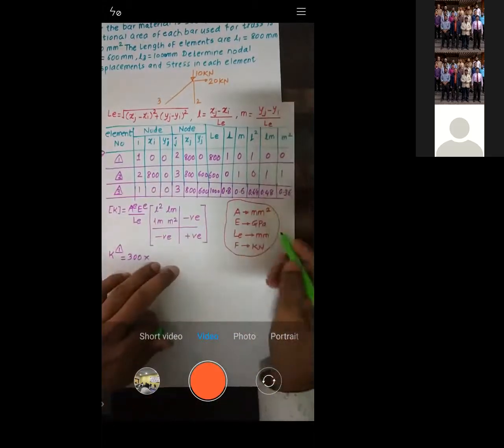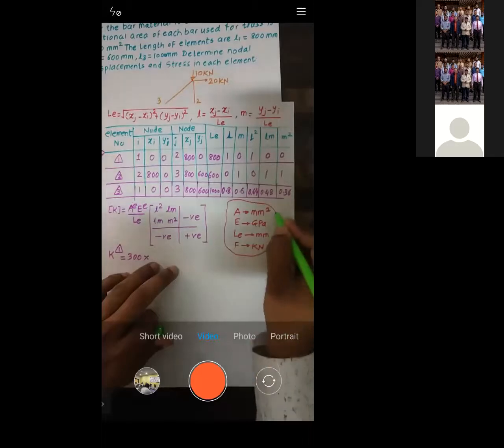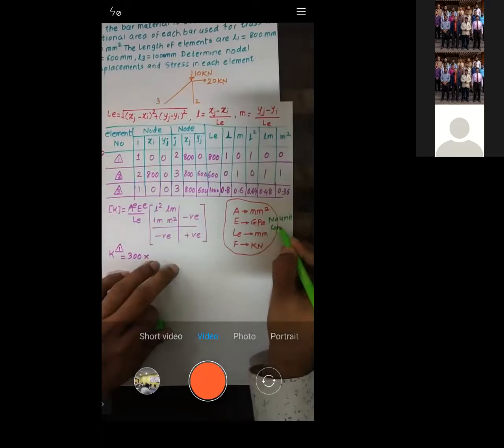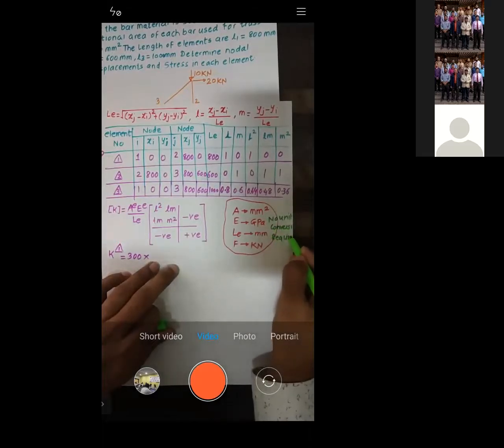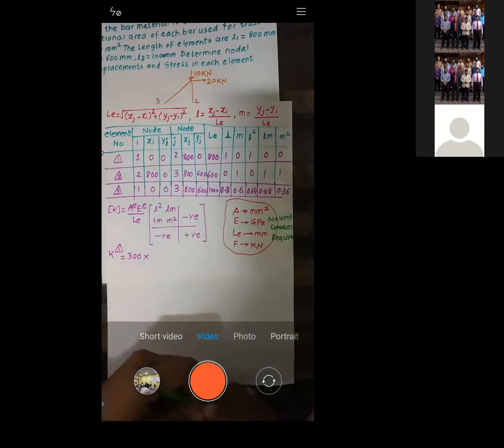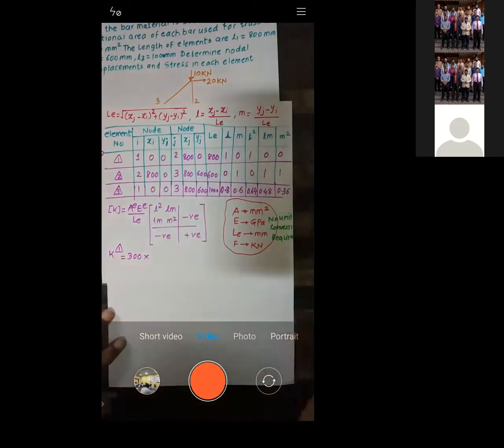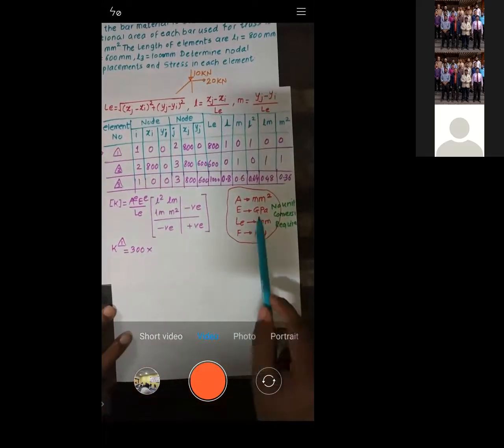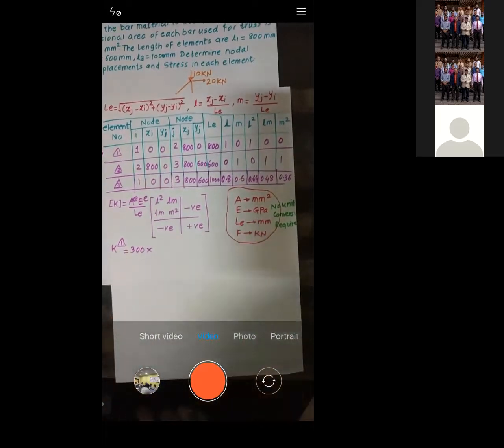I already told this in the last lecture. Because all are uniform units, and a gigapascal itself is kilonewton per mm square, no unit conversion is required.